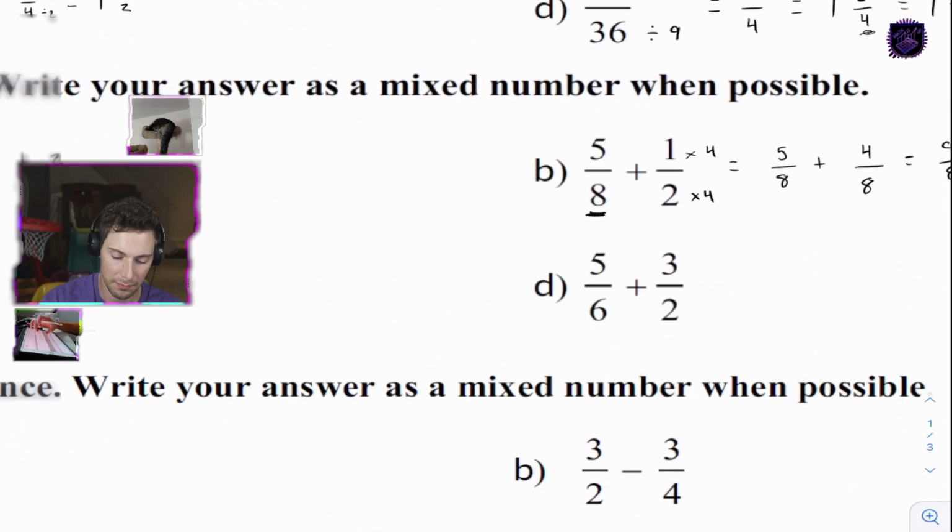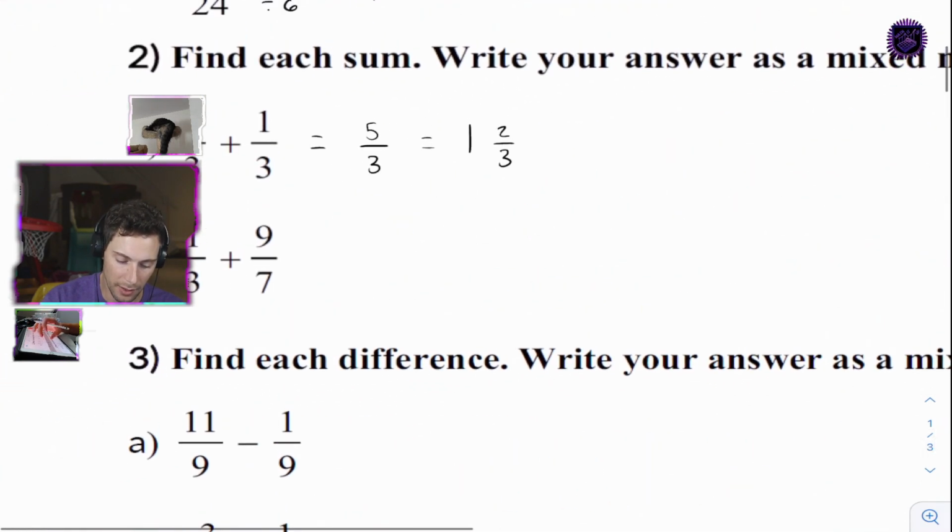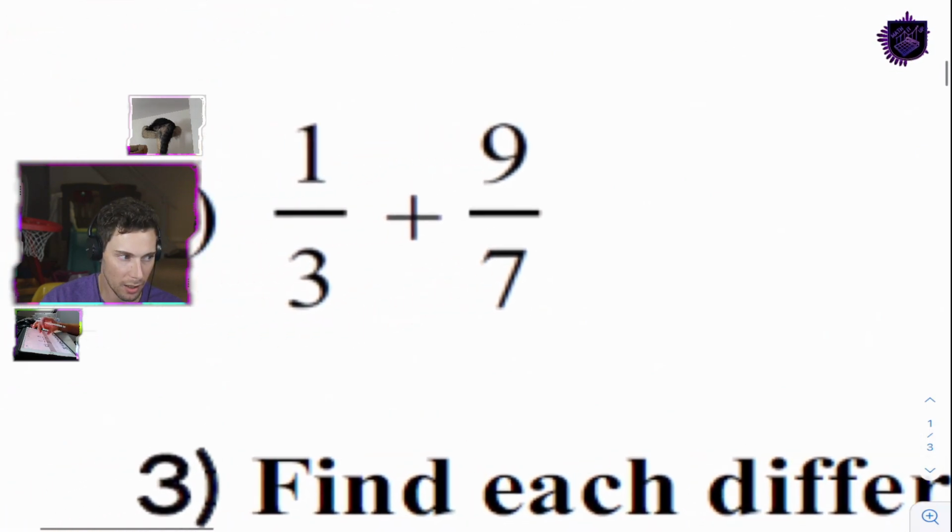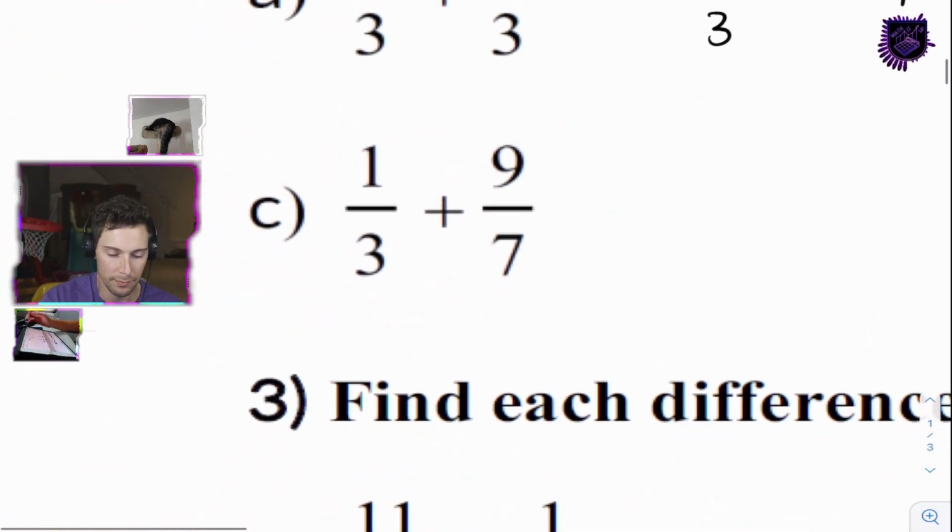Makes sense? Let's look at the next one. So the lowest common multiple of 3 and 7. In this one, we have to do cross multiplying.